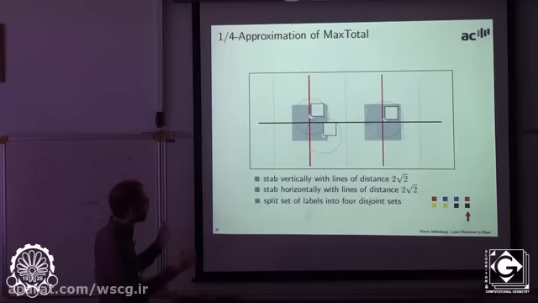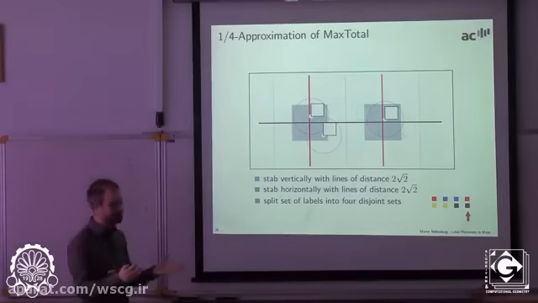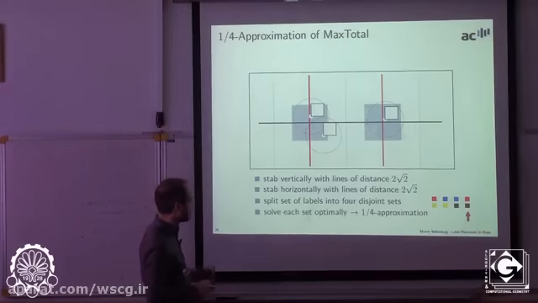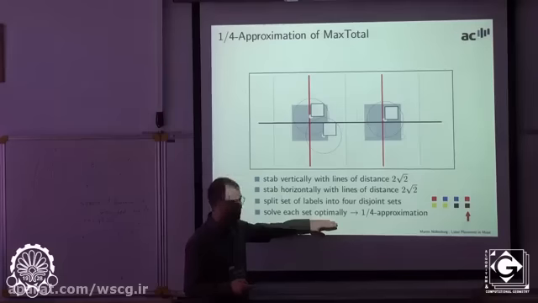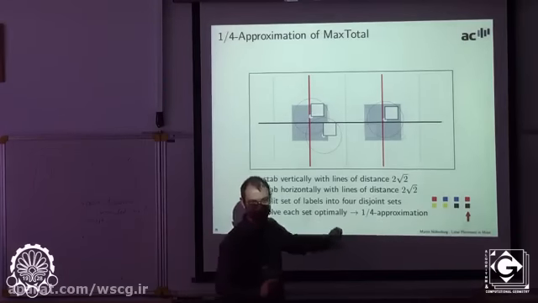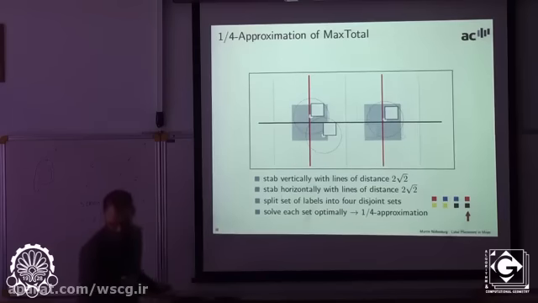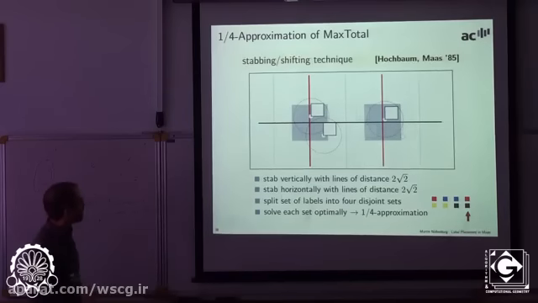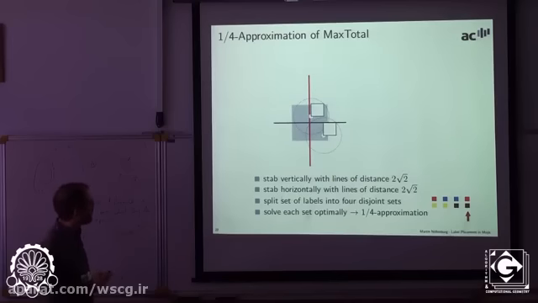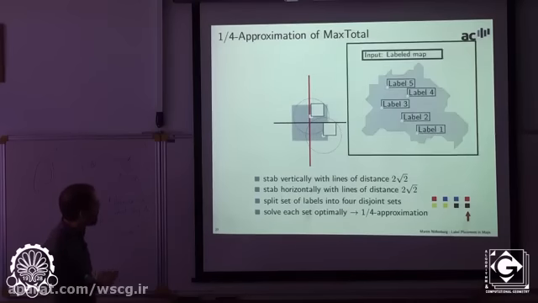So now we subdivided the set of labels into 4 disjoint groups. If we can solve each of them optimally, the previous observation gives us a 1/4 approximation. This is using the so-called stabbing shifting technique, well known from Hochbaum and Maass.